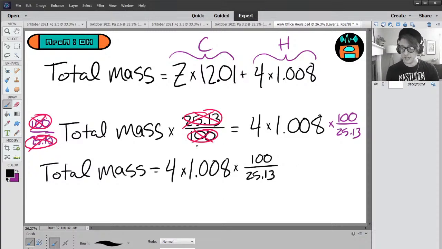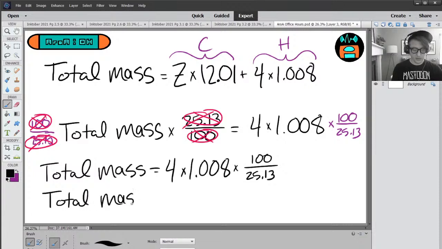And if I couldn't subtract 25.13 from 100 in my head, I'm definitely not going to try to multiply all these together in my head. So 4 times 1.008 times 100 divided by 25.13 means that the total mass of this molecule is, let's see, we got 4 sig figs here, so 16.04.